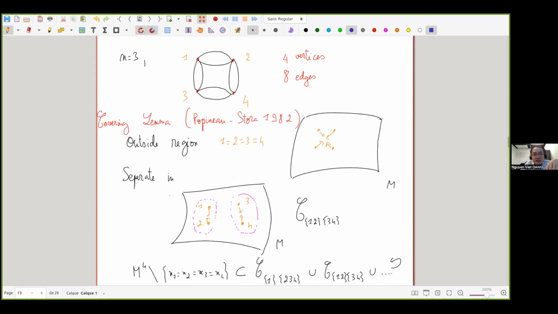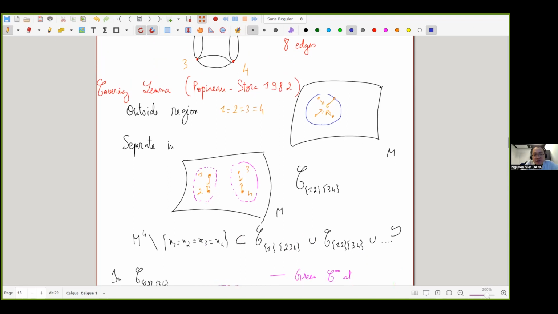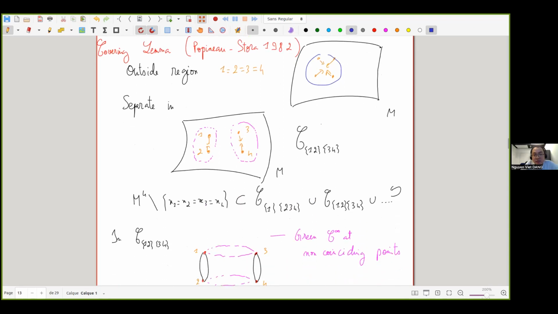So how do I proceed? I use first a simple idea: I say that outside the region where the 4 points that correspond to the 4 vertices of the graph collide together, I can partition my configuration space into subregions. So here I give you an example of a subregion.